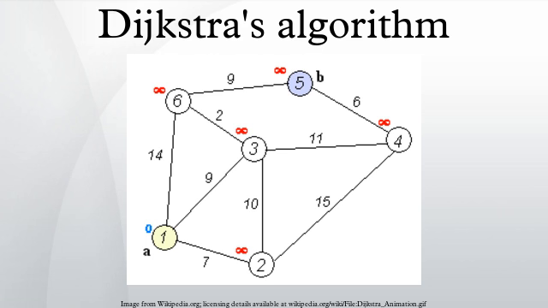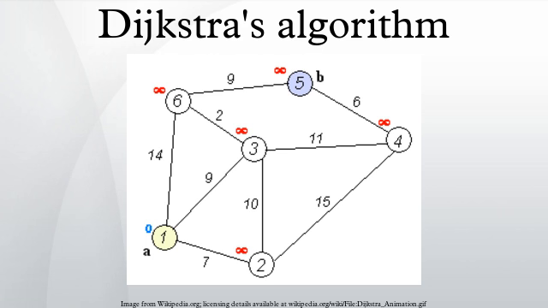References. Dijkstra, E. W. A note on two problems in connexion with graphs. Numerische Mathematik 1, 269-271. Cormen, Thomas H.; Leiserson, Charles E.; Rivest, Ronald L.; Stein, Clifford. Section 24.3: Dijkstra's algorithm. Introduction to Algorithms.